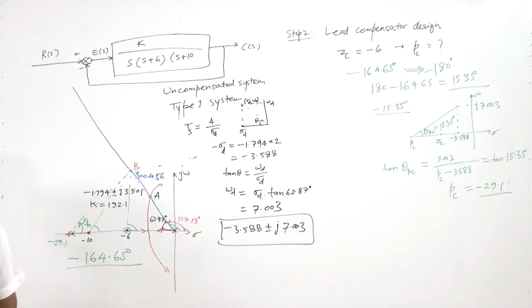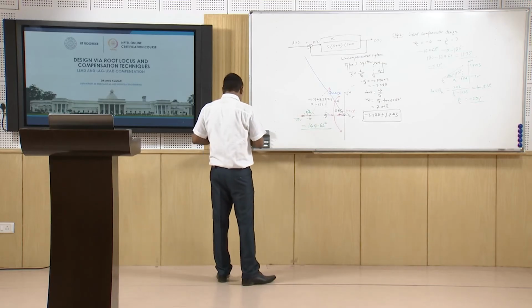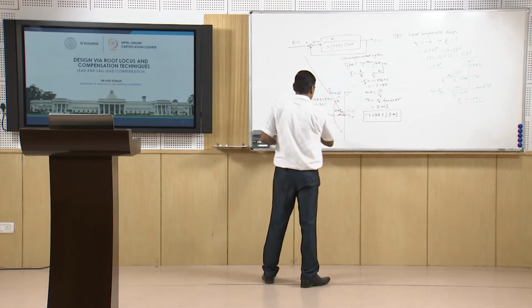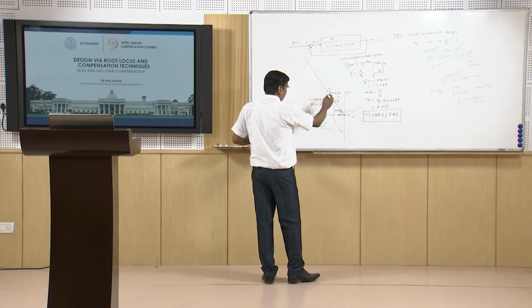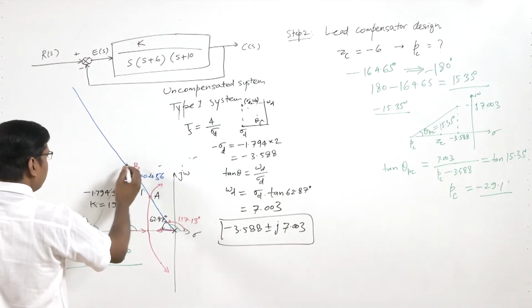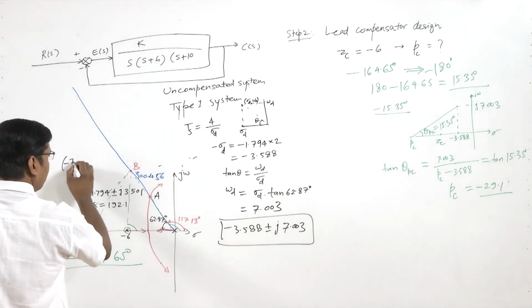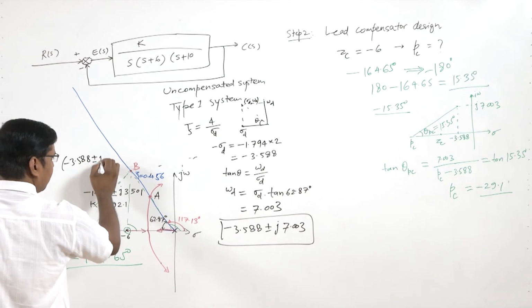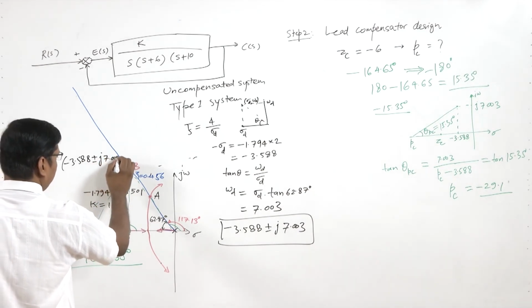So when we have obtained this, we have a lead compensated system, and the lead compensated system is this. So we have now this B, that is minus 3.588 plus minus j 7.003.